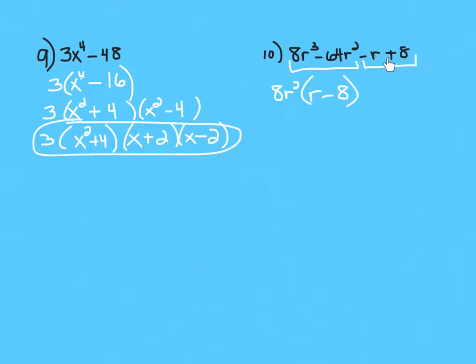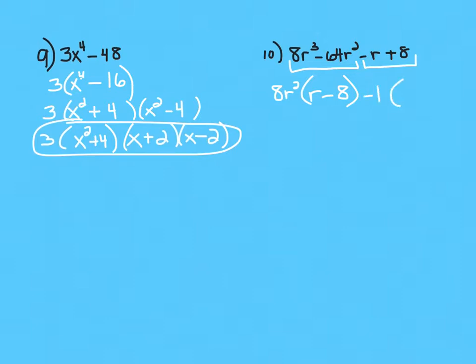Now, out of the last two terms, you could either factor out a positive 1 or a negative 1. But since we want to be left with a positive r and a negative 8, and here we have the opposite, we have a negative r and a positive 8, to get these signs to match up with these signs, we're going to actually pull out that negative. We're going to pull out a negative 1.